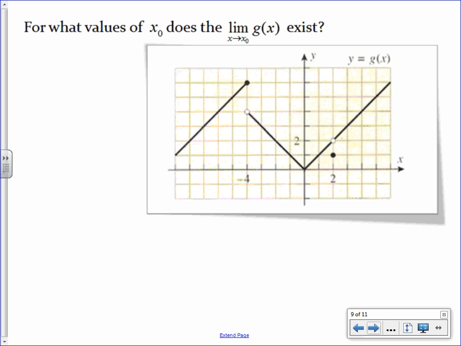At -4 and 2. So, who says the limit as x approaches -4 does not exist? Good, you would be correct, because as we approach from the left and right, we approach two different y values, so it does not exist.